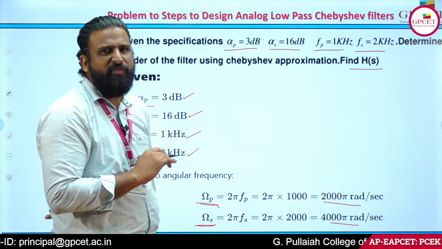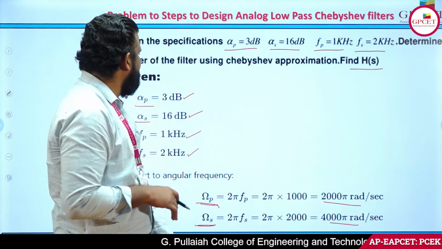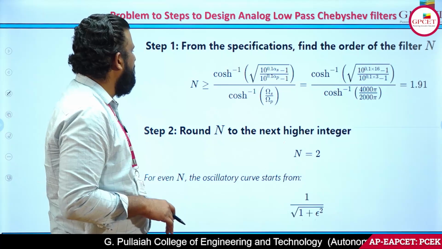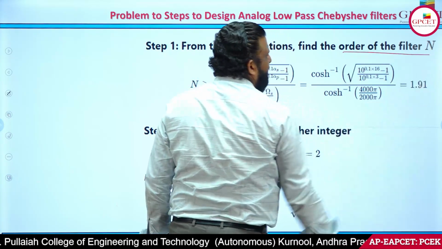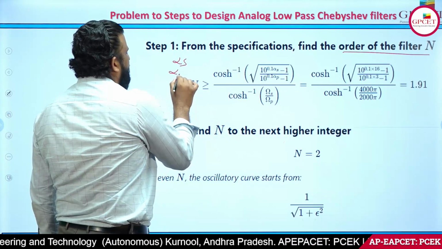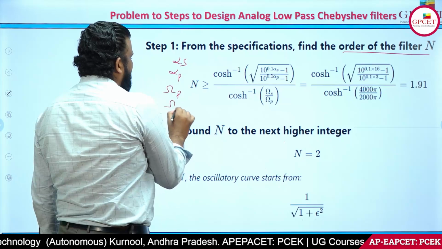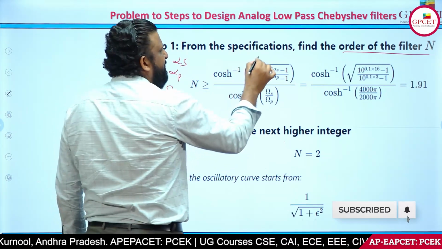With the help of these 4 specifications, let me go step by step through what we studied in the previous slide. In the first step, what do we have to find? We need to find the order of the filter, capital N. We got alpha s, alpha p, omega p and omega s. Depending upon these specifications, which formula am I considering? I am considering the first formula.